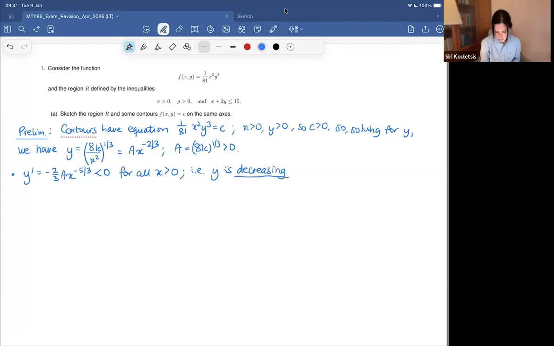And now let's look at the second derivative to see whether these curves are convex or concave. So the power comes down, and now the two minuses multiplied give us a plus.